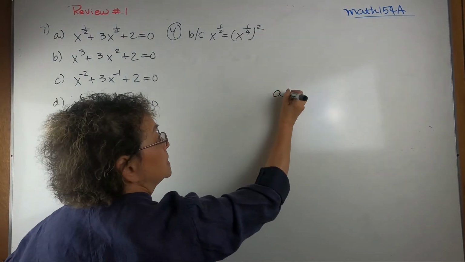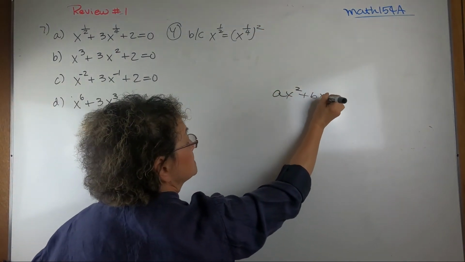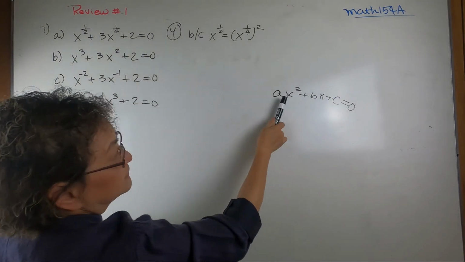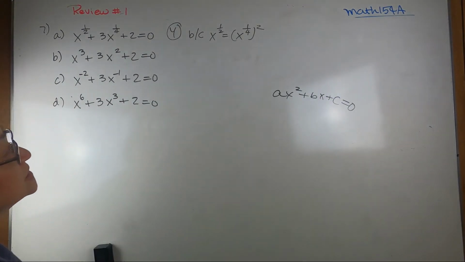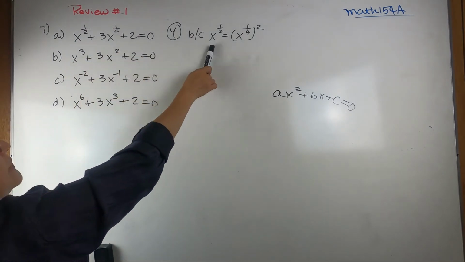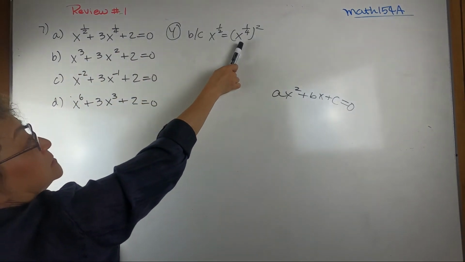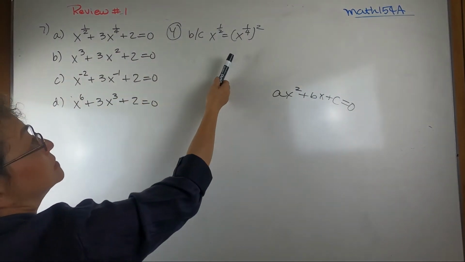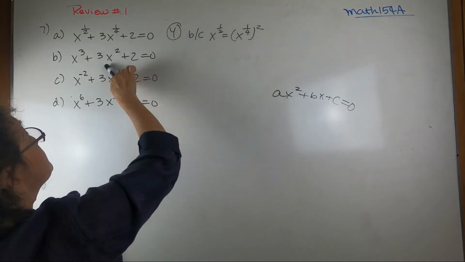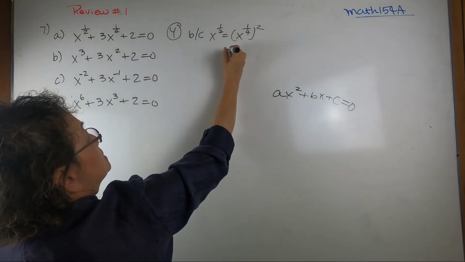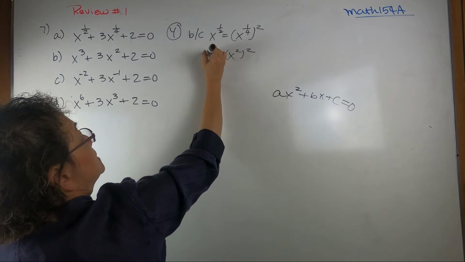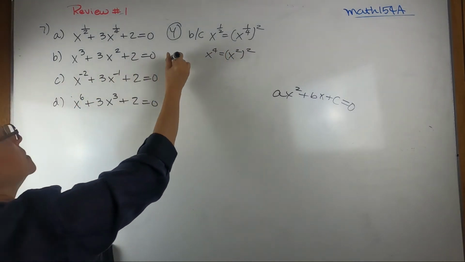Because we have ax squared plus bx plus c equals 0. Then the first term is the square of the second term. First term x to the half is the second term, take a square, x to the quarter, right? Then second one, if x squared takes a square, will be x to the fourth, not the first term.